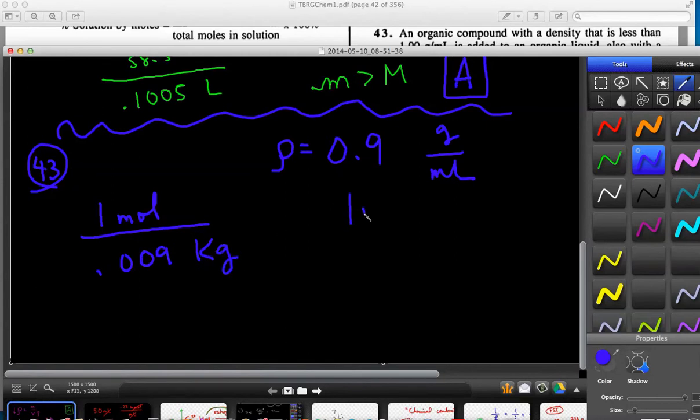For molarity, 1 mole, 10 milliliters, which is going to be 0.010 liters. Which one is larger? It's going to be the molality again, right? Molality is greater than molarity.